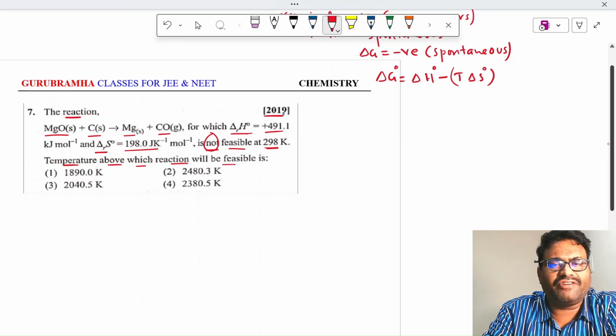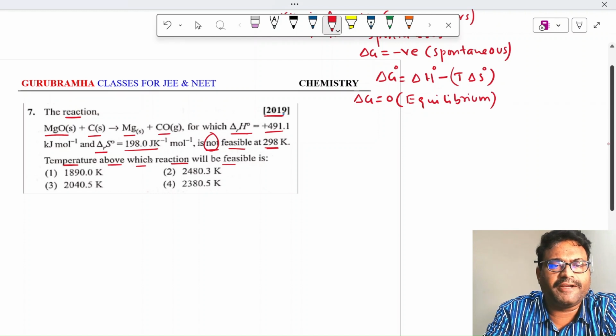Let us first see that when delta G is equal to 0, the reaction is at equilibrium. First of all, let us go with the equilibrium, then we shall see about the spontaneity.